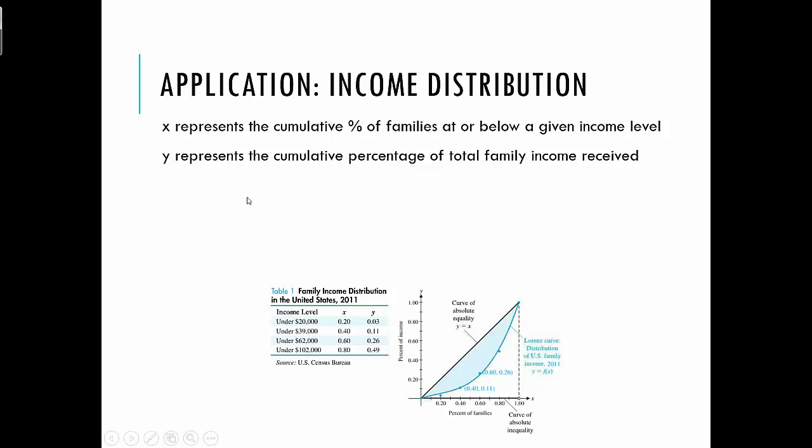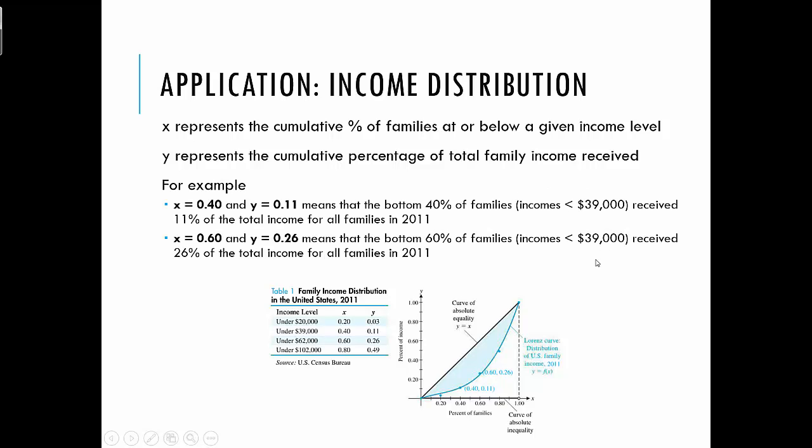So that's X. Y represents the cumulative percentage of total family income received. So say, for example, if X is 0.40 and Y is 0.11, this means that the bottom 40% of families, incomes less than $39,000, received 11% of the total income for all families in this year.